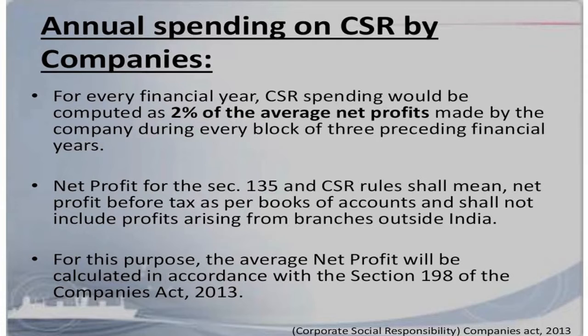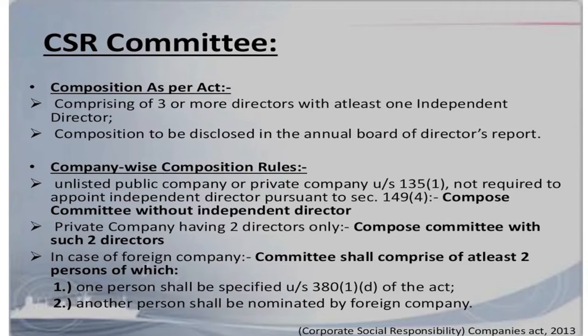For this purpose, average net profit will be calculated in accordance with section 198 of the Companies Act 2013. Section 198 is telling what will be called net profit. So for the calculation of 2% of the average profit of the preceding 3 years, section 198 of the Companies Act 2013 is clearly explained.